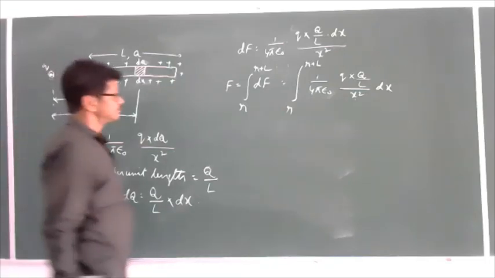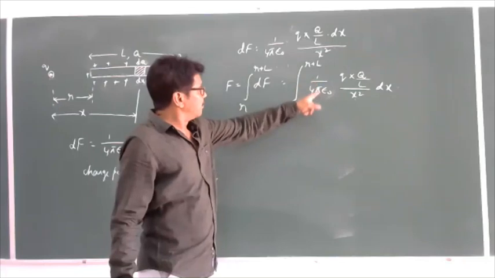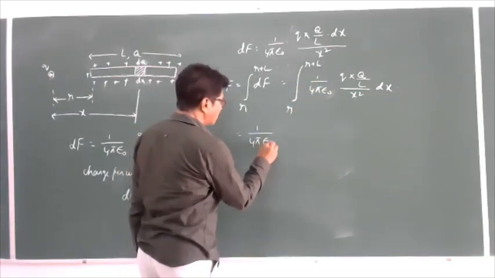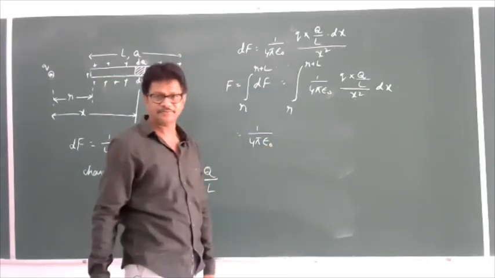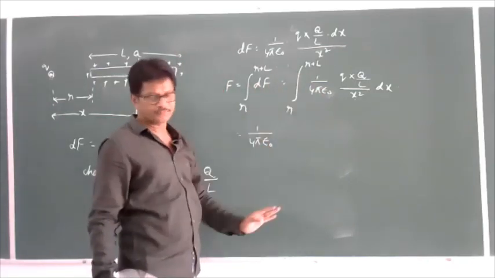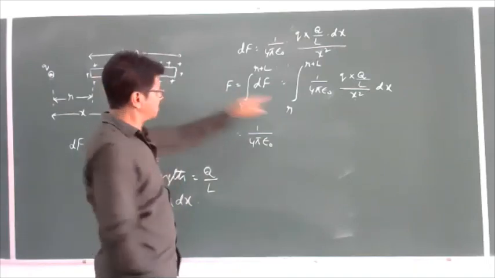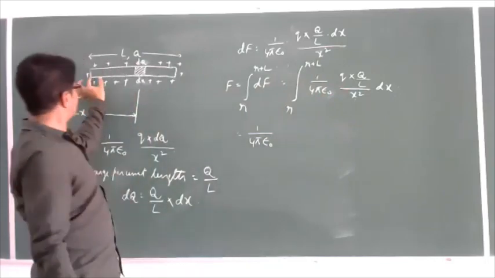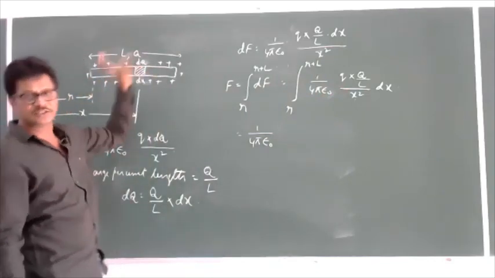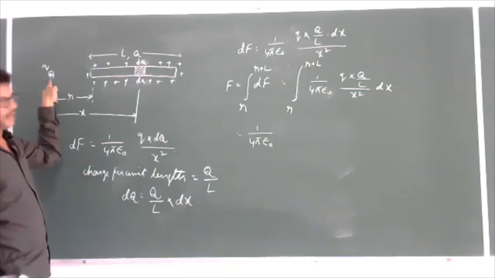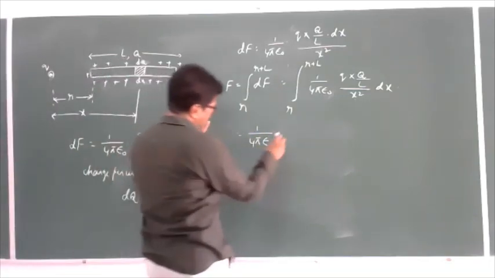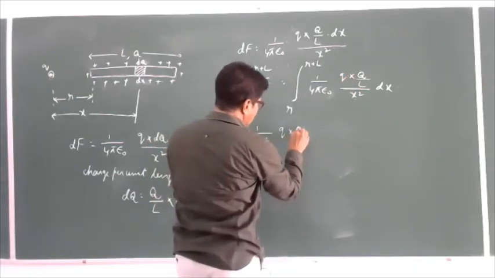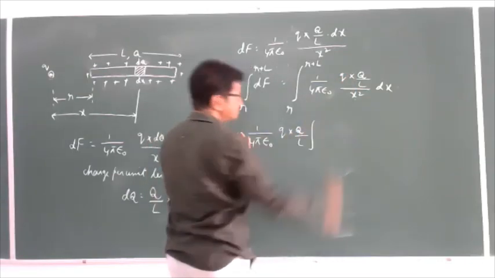Now 1 by 4 pi epsilon naught is a constant, so I will bring it out of the integration, because whatever segment you take, this value remains constant. That small q I am also bringing out, and Q by L also I am bringing out of the integration.